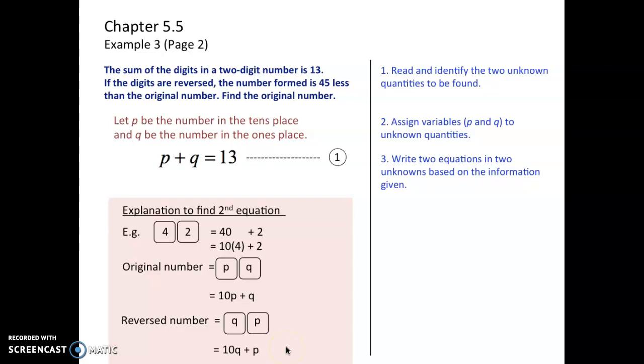So let us now try to form our second equation. Our second equation will be the original number, which is 10P plus Q, minus 45, because the reversed number is smaller than the original number. So on the right hand side, this is the reversed number. Take a little time to digest this first.